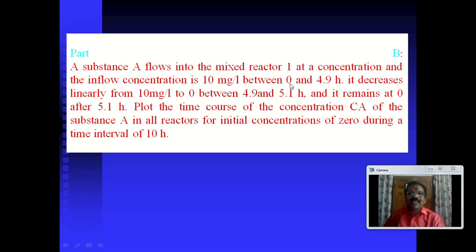We are maintaining the pumping for a time period of 0 to 4.9 hours, not to 5 hours, because we have to control the process up to 5 hours. After 5 hours, there is no need of entering A into the tank to react with the B. That is, the time is maintained between 0 and 4.9 hours.